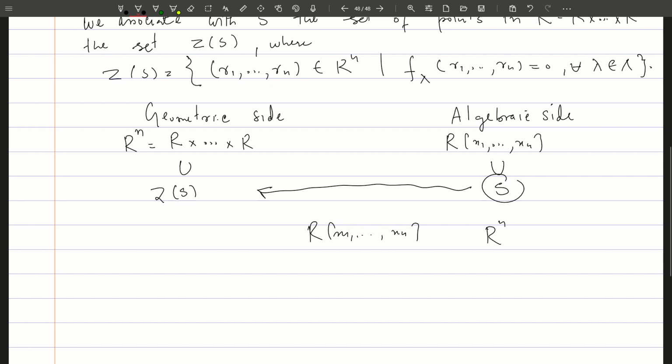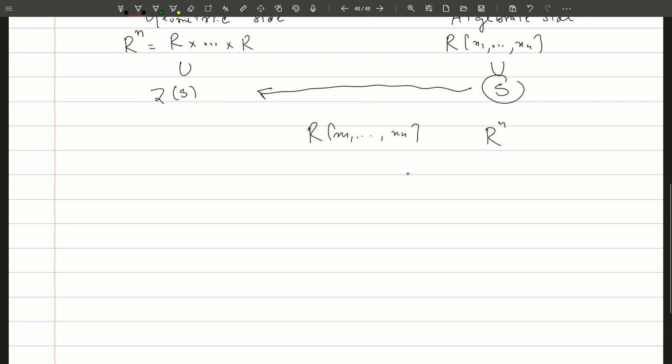For example, let us consider our ring R to be the set of real numbers, and let us consider the polynomial ring R[x]. So here we have just one variable, and let us take S to be just the polynomial x square plus 1.